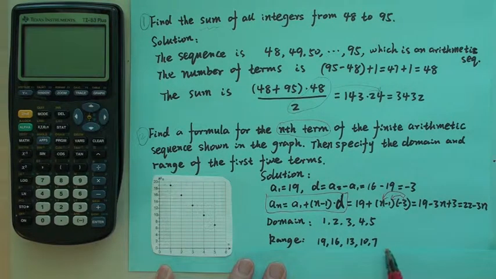I wrote it this way because 1 corresponds to 19: a1 is 19, the second term is 16, the third term is 13, the fourth term is 10, and the fifth term is 7. That's why I write it this way. Okay, I'll see you next time.